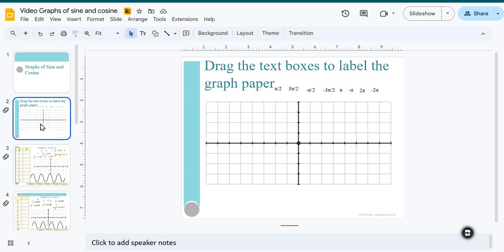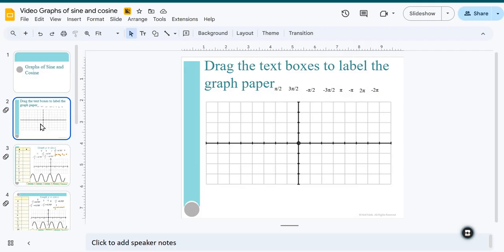However, now those inputs represent angles, and we are mostly going to be dealing in radians. We don't want to label our x-axis as 1, 2, 3, 4, 5, because the angles in radians are in terms of pi, and pi is 3.14 and so on.